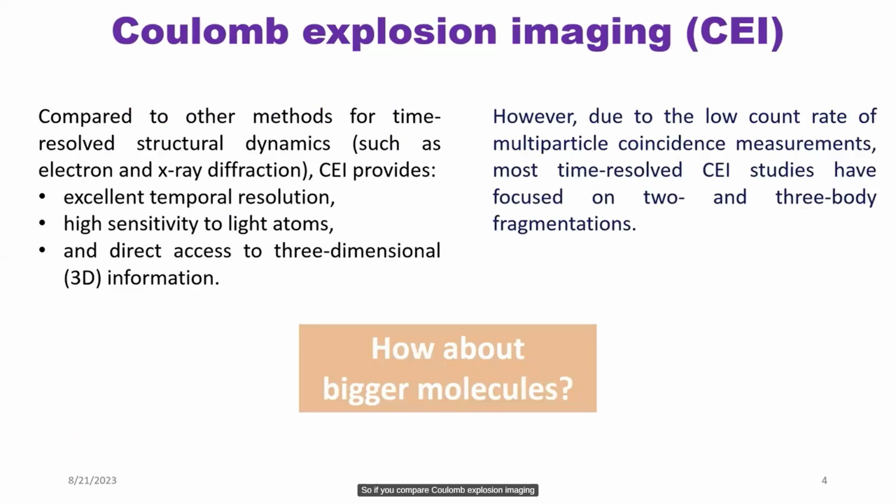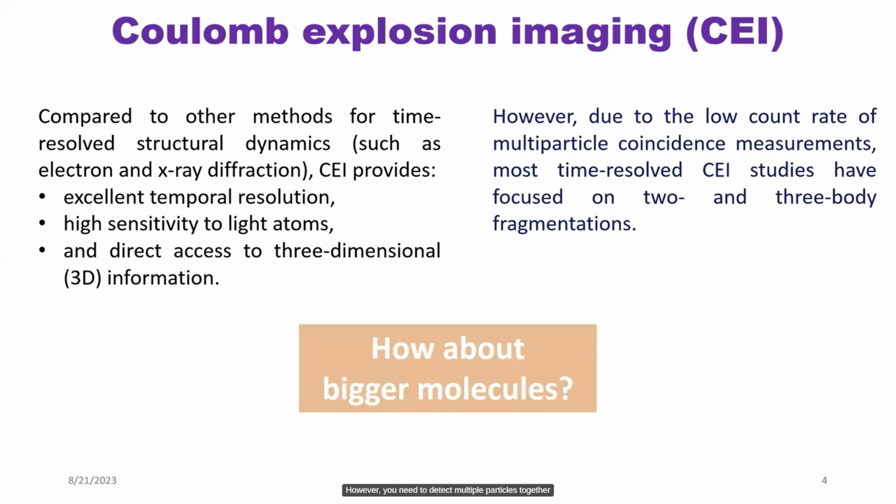If you compare Coulomb explosion imaging to other structural dynamics methods, it provides high temporal resolution and high sensitivity to light atoms such as hydrogen and protons. It also gives access to three-dimensional information because the momentum is a vector.